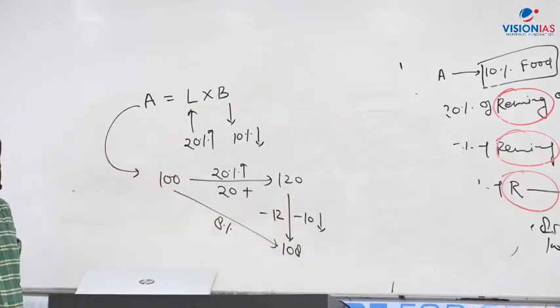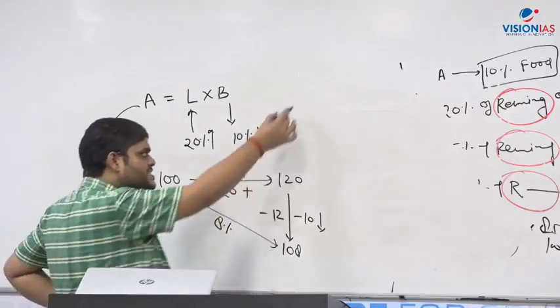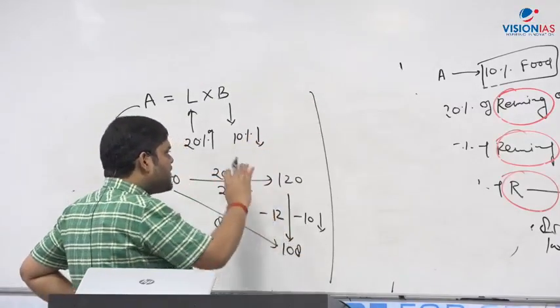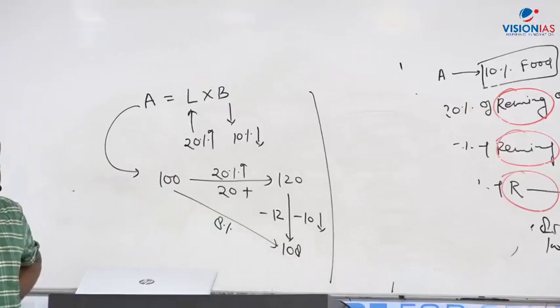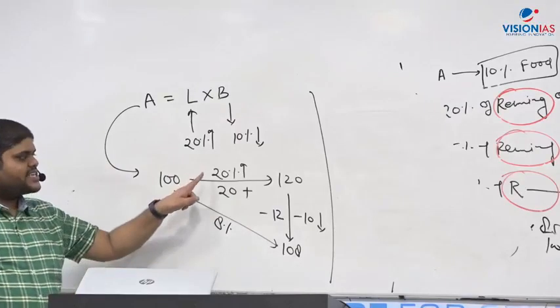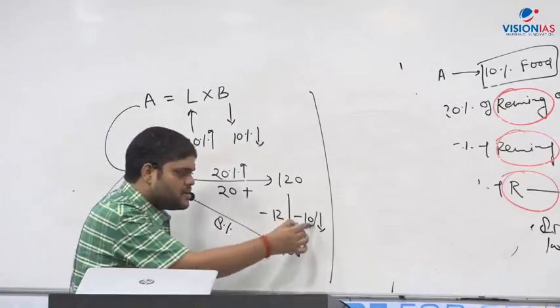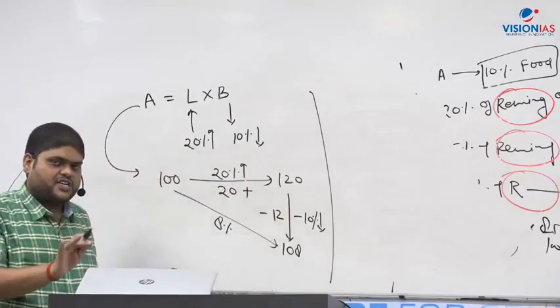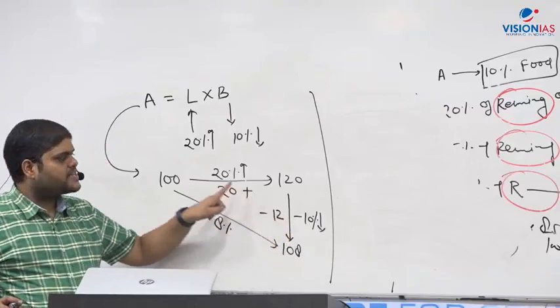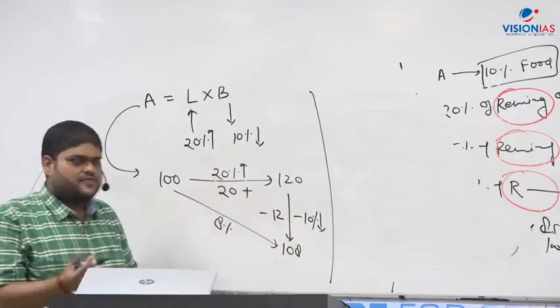This is one way. Now the second thing is, if I do reverse order, instead of 20% increment and 10% decrement, I will first do 10% decrement and 20% increment, just the reverse way.